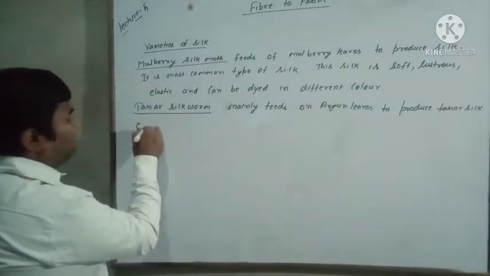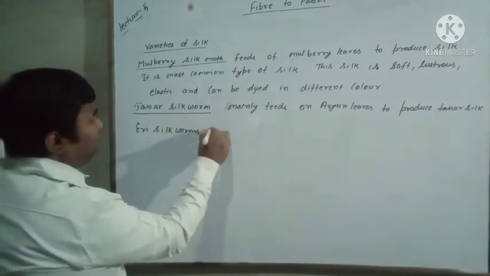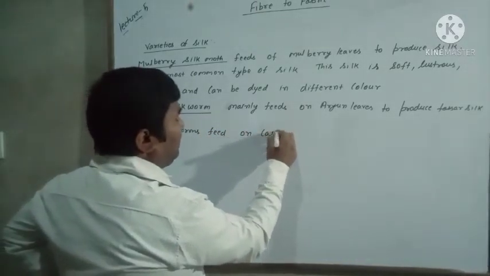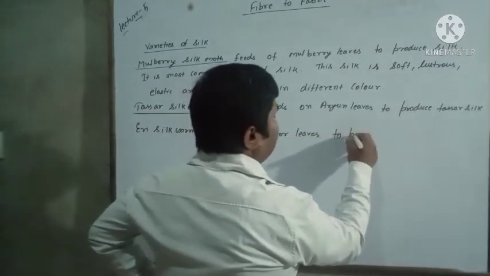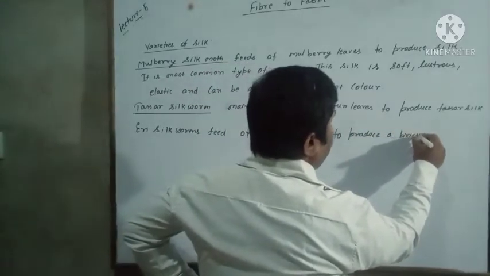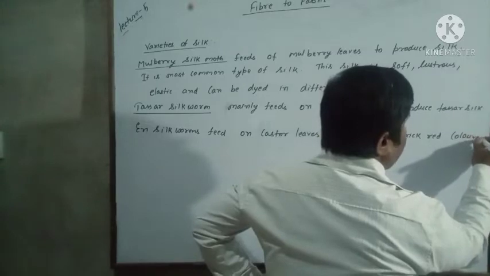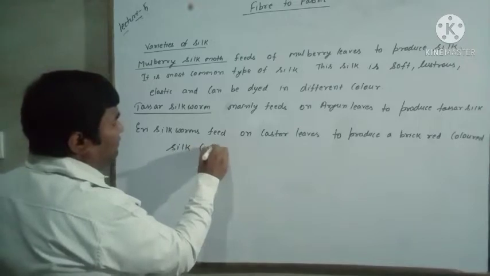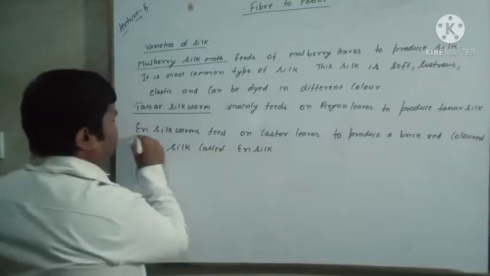Next, airy silkworms feed on castor leaves to produce a brick red colored silk called airy silk.